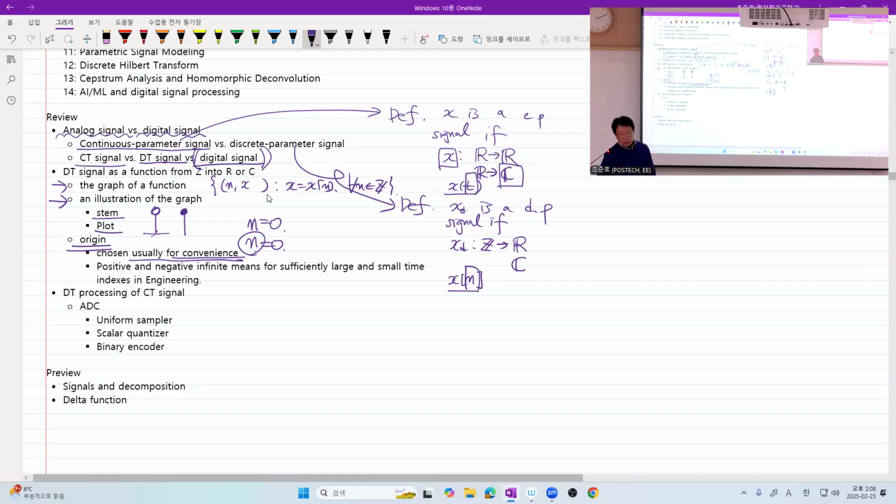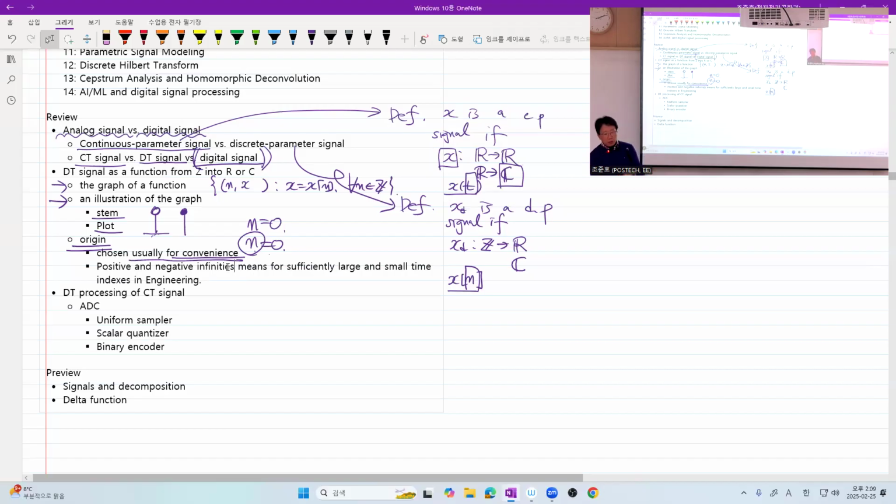And the others are positive and negative infinity. In most of engineering, they just mean a very large time index or very small time index, or a very far away future or very far away past.